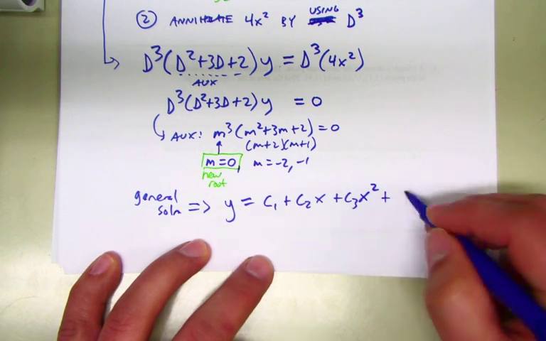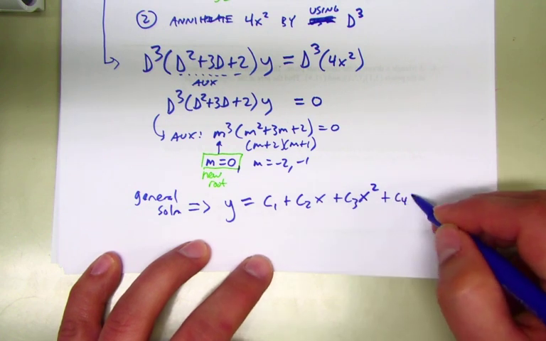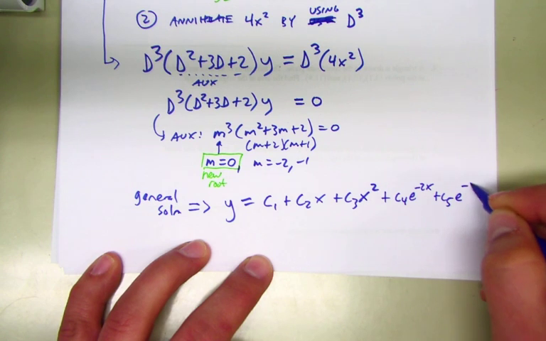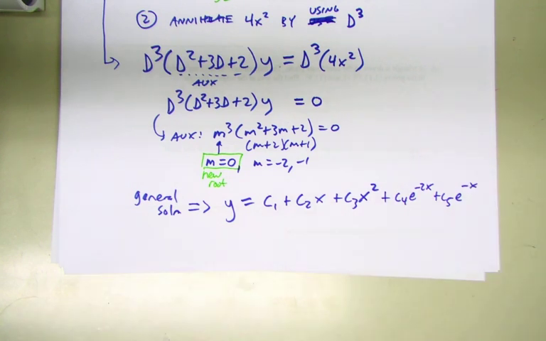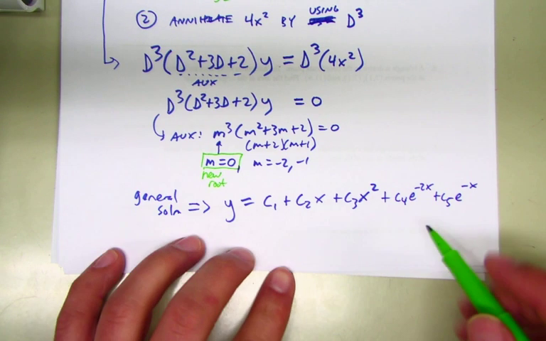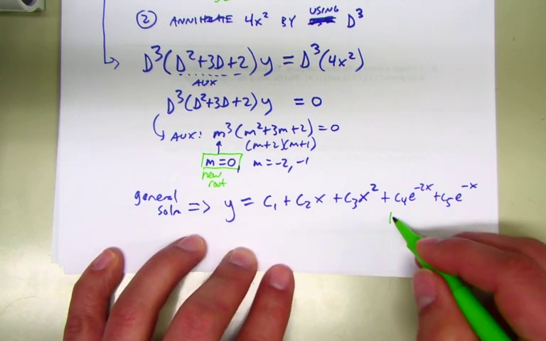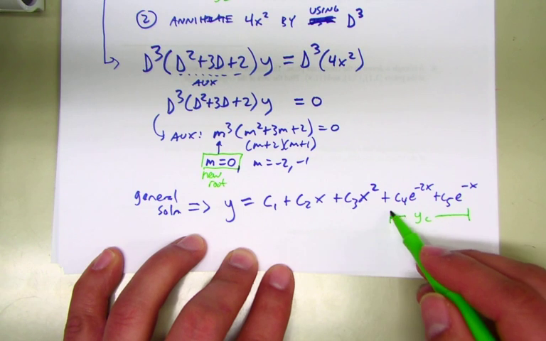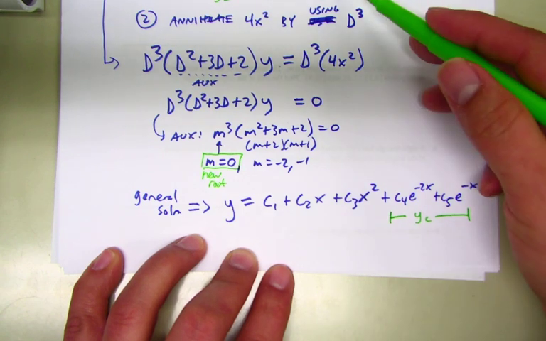Plus, and then we still have from before the c4 e to the minus 2x plus c5 e to the minus x. Okay, and so now what you can see is that the tail end of this right here is the complementary solution, just with different constants, that we found in the first part.